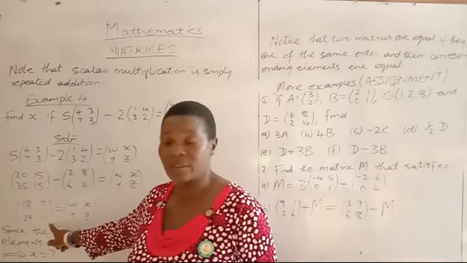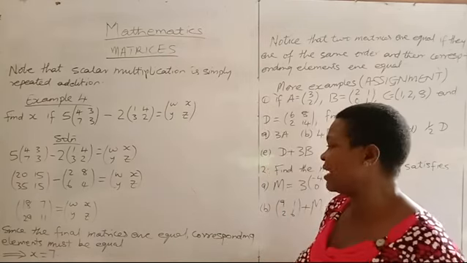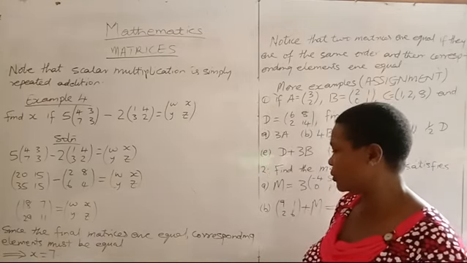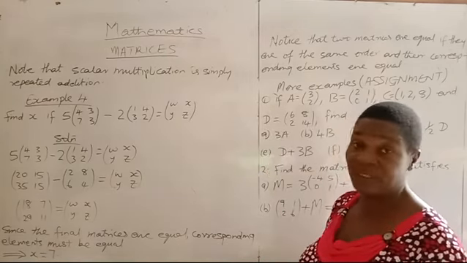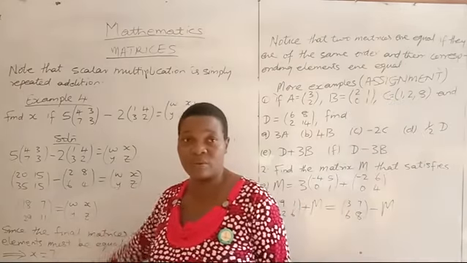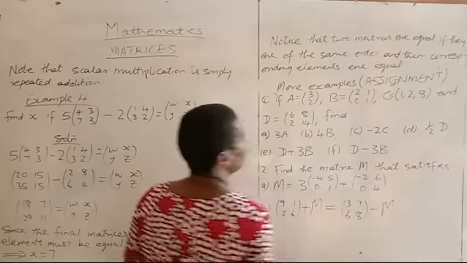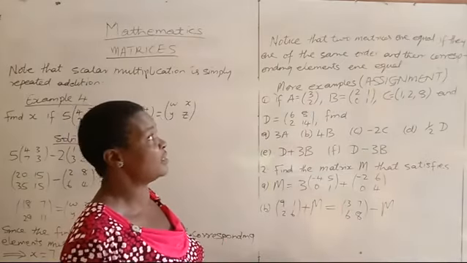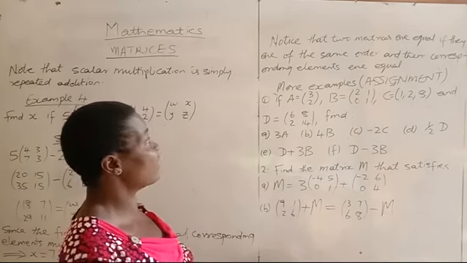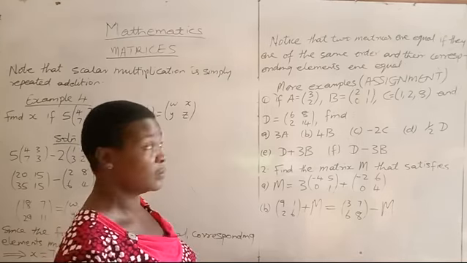Z equals 11. Since the final matrices are equal, corresponding elements must be equal, which implies that X is equal to 7. Notice that 2 matrices are equal if they are of the same order and their corresponding elements are equal. Take note of that.